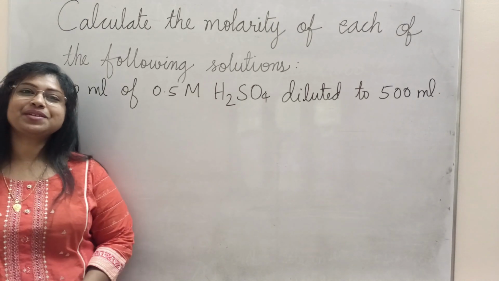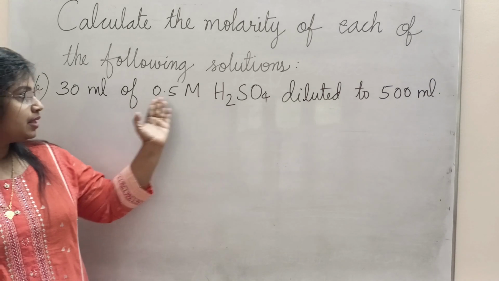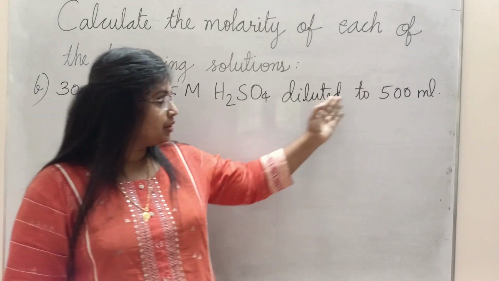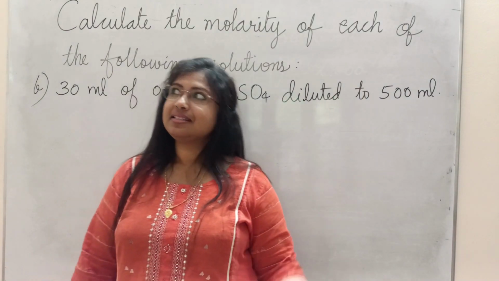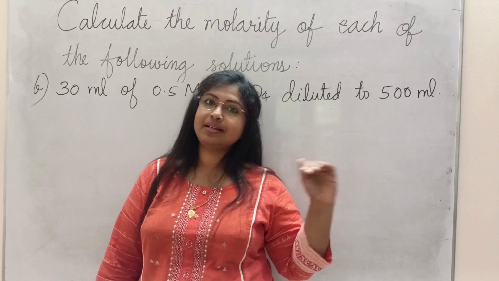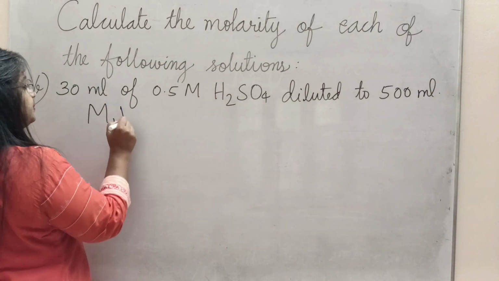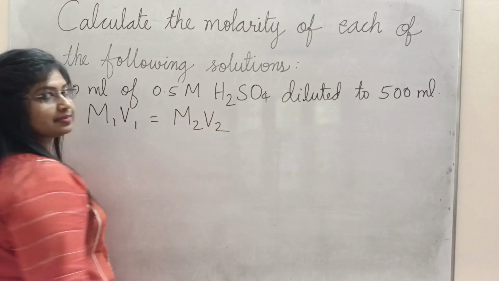So the next question is, find the molarity of 30 ml of 0.5 molar sulfuric acid diluted to 500 ml. What do we do here? Just use the equation for dilution, that is M1V1 is equal to M2V2.